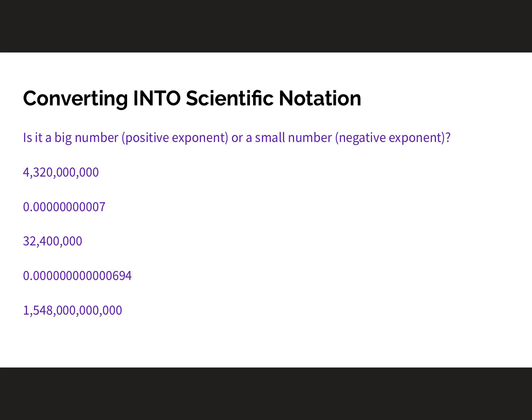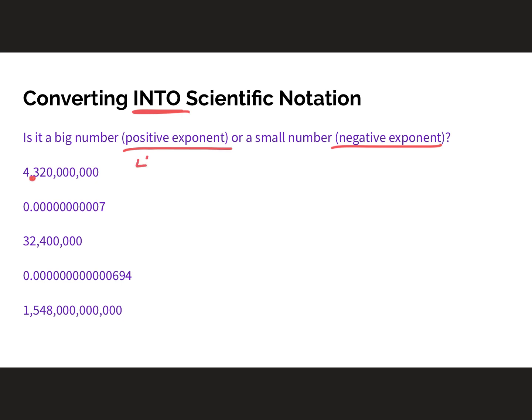So, now let's talk about converting into scientific notation. So here, if it is a big number, it is a positive exponent. A small number is a negative exponent. First thing we have to determine is where do we put our decimal. Remember, we have to have one non-zero digit to the left of our decimal. So for this first one, the decimal is going to go right there.